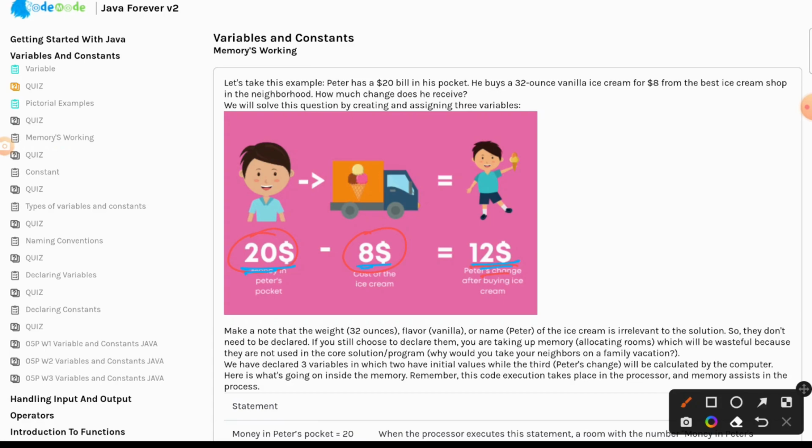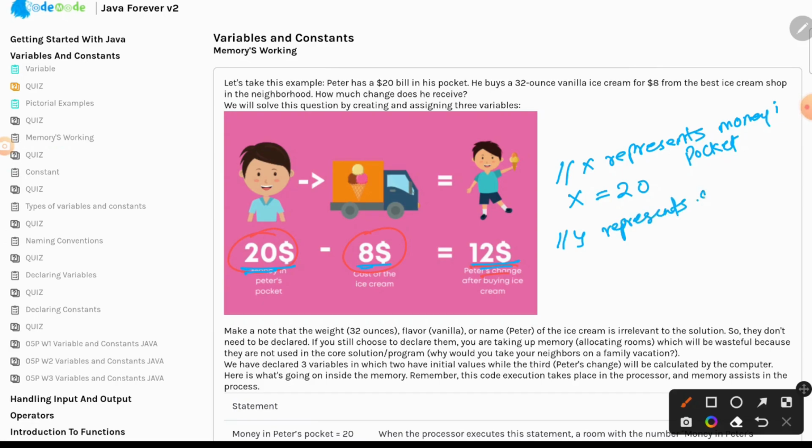Let's say X equal to 20, and I'm going to write a comment here. I'll say X represents money in pocket, right? Then let's say Y represents cost of the ice cream.